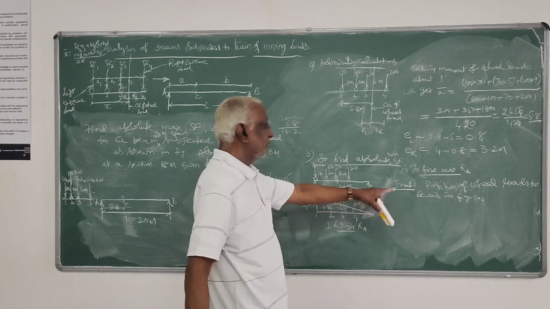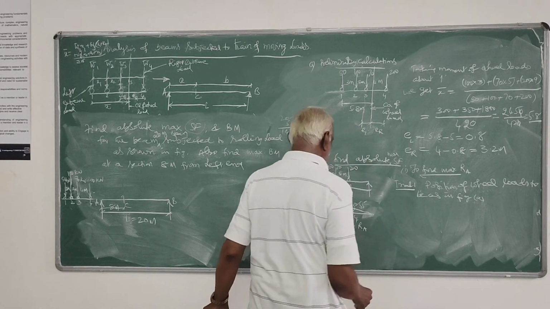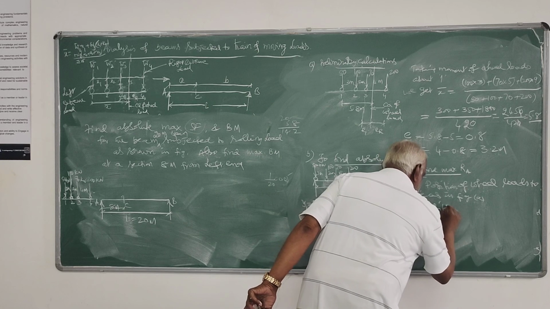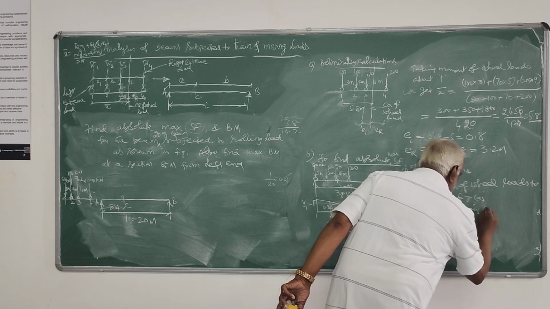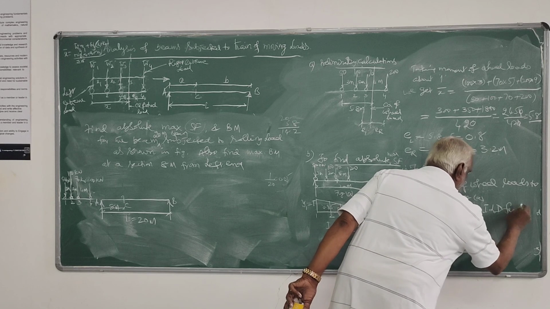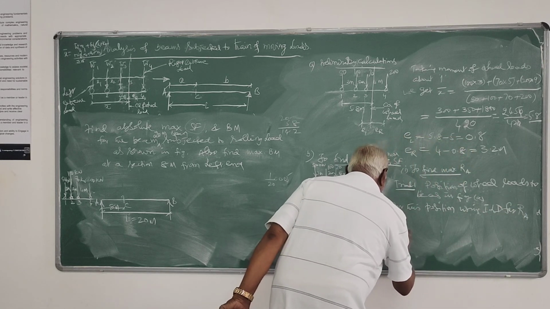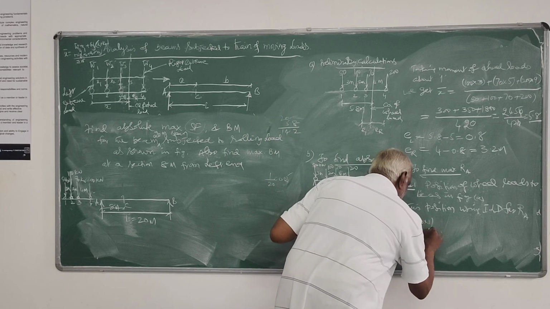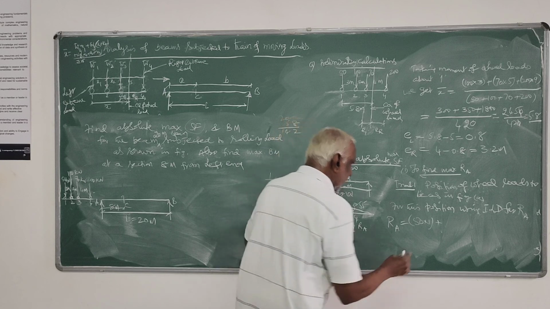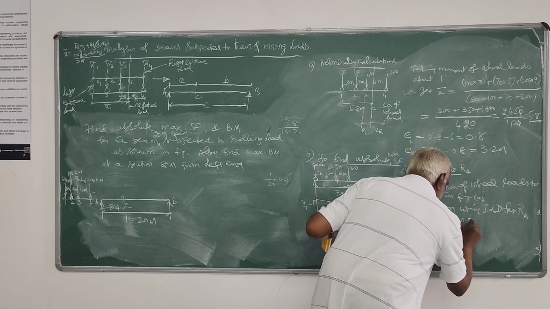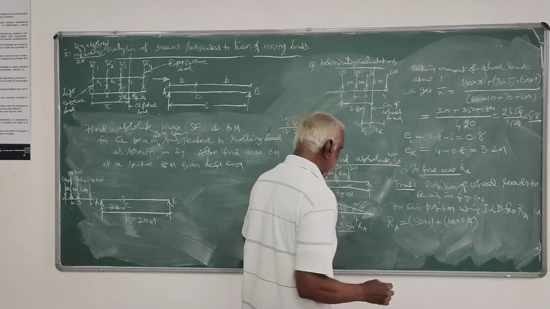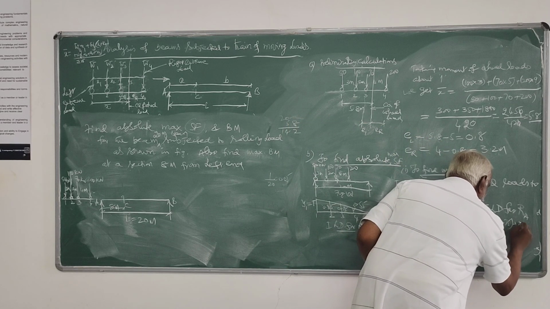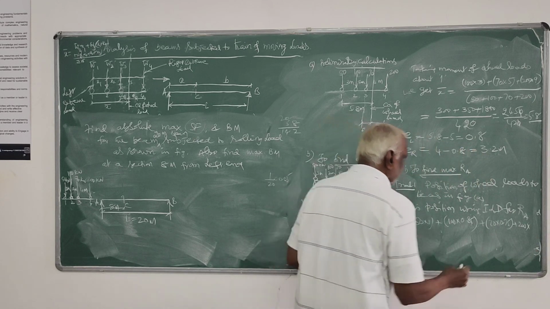So for this position, work out RA as in figure A. Using IND for RA, we get RA equals 50 into 1, plus 100 into 0.85, plus 70 into 0.75, plus 200 into 0.55.